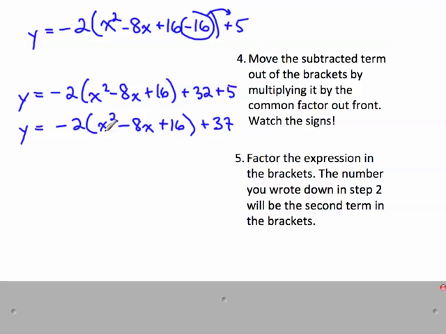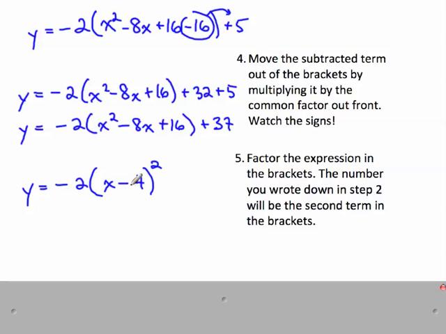Now we want to factor the expression in the brackets, and it says here that the number we wrote down at the side before in step 2 is going to be the second term in the brackets. So x squared minus 8x plus 16, this is a perfect square trinomial, and if we were to factor it, and you can demonstrate this to yourself if you like, on a separate piece of paper or at the side of your paper, we would get (x minus 4) squared, and it's important that that squared is there.